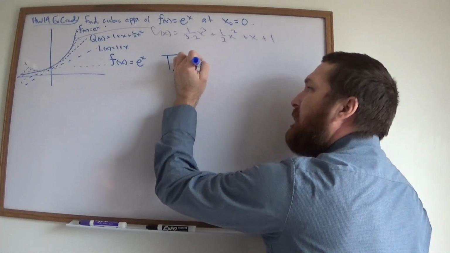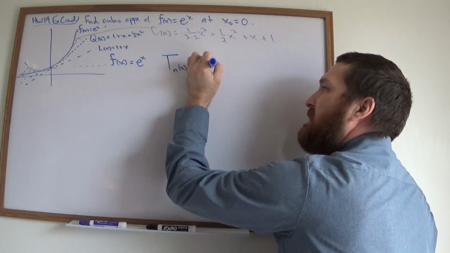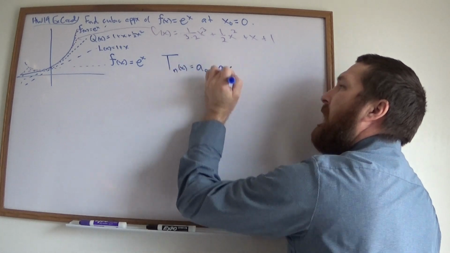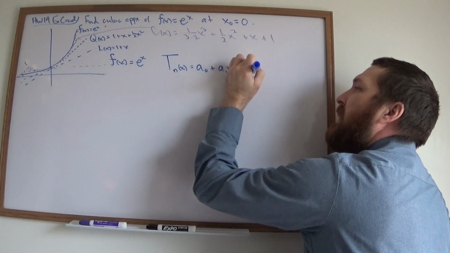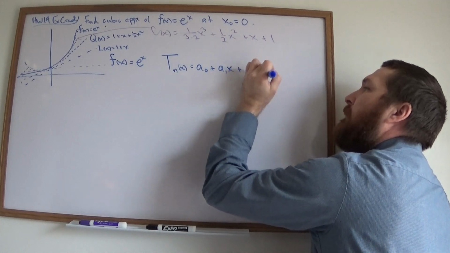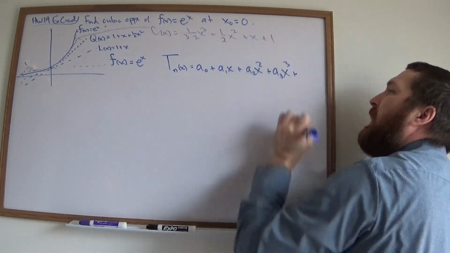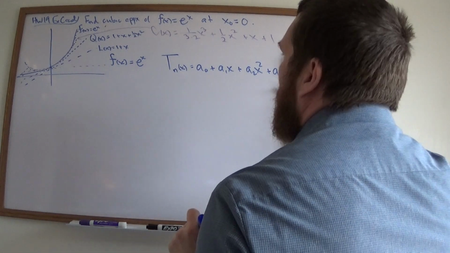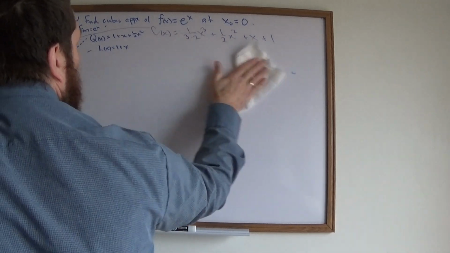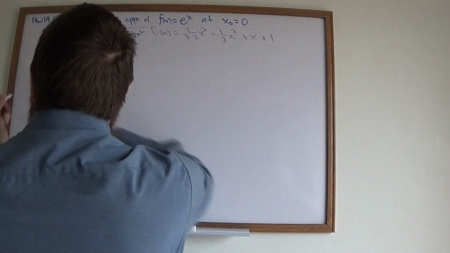a general polynomial of nth degree is going to be A0 plus A1x to the 1 plus A2x squared plus A3x to the third plus, oh man, I wish I had more room. I'm going to do it right here. Sorry, everybody.